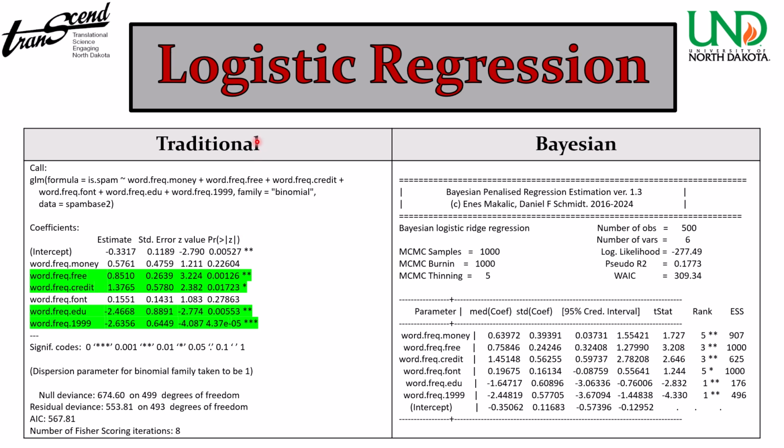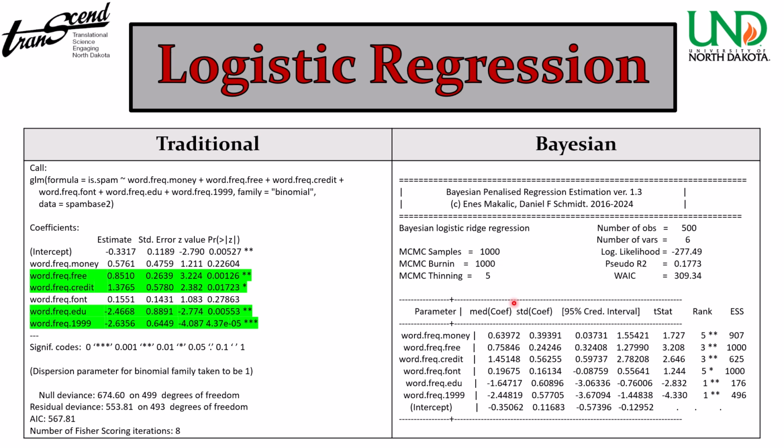And for Bayesian, the way this one runs is a little bit different here. This is where it spits out this Bayesian parallelized regression estimation.